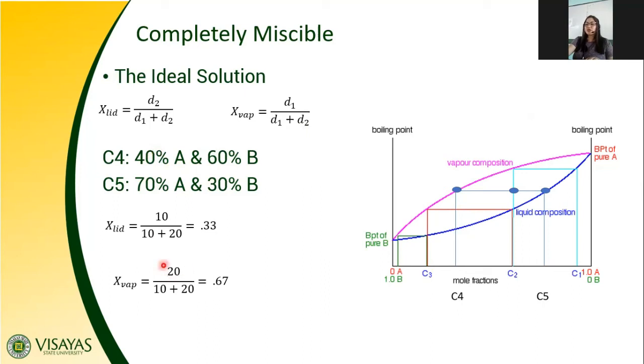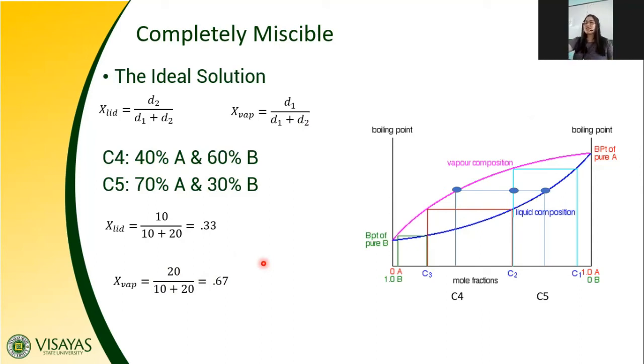So it is 20 divided by 30, where 10 plus 20 is 30, which is equal to 0.67.